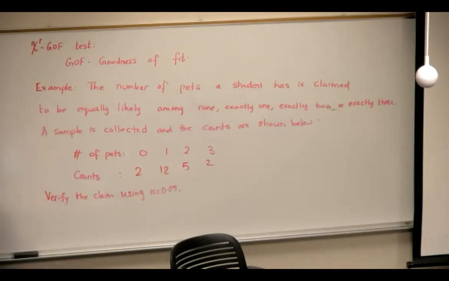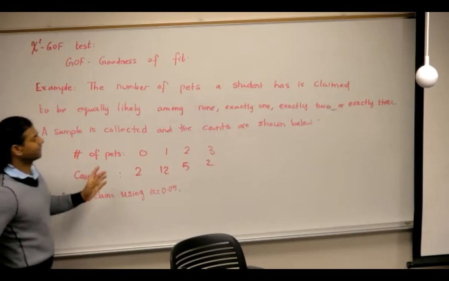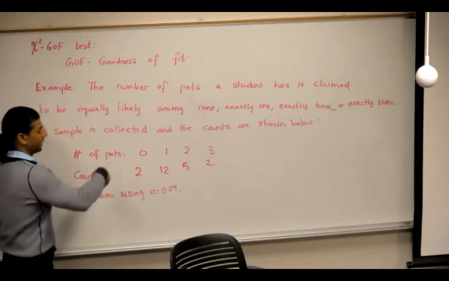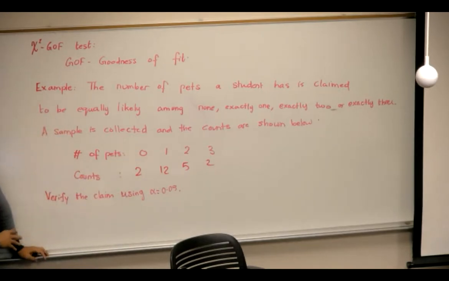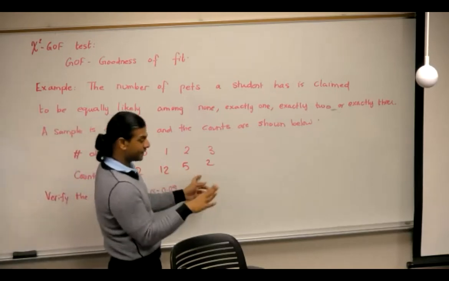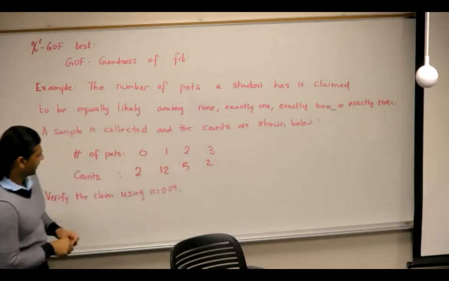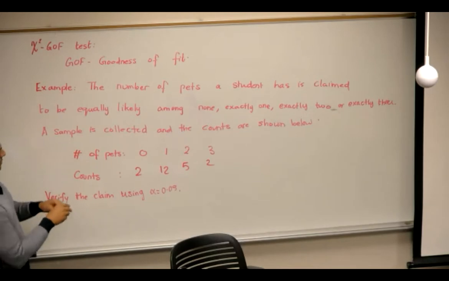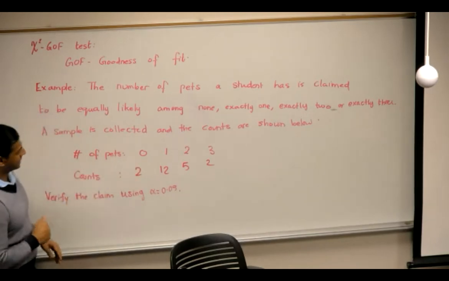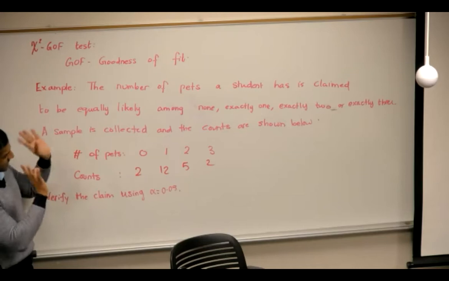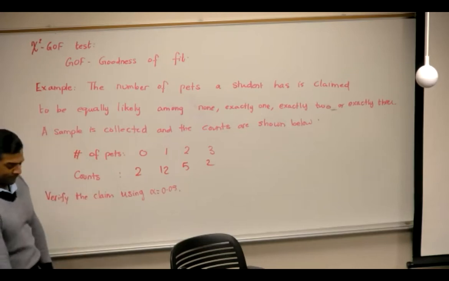Now, one major issue here is the counts don't exceed 5, but let's just do a chi-squared test anyway. It has to be greater than or equal to 5, but I don't want to change this because I collected the data. So let's just go with it and see what happens.